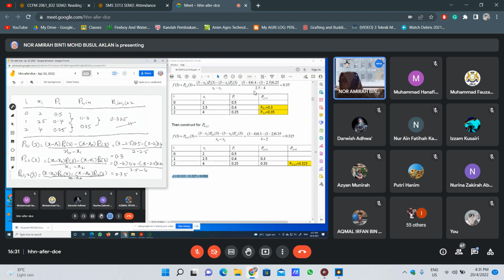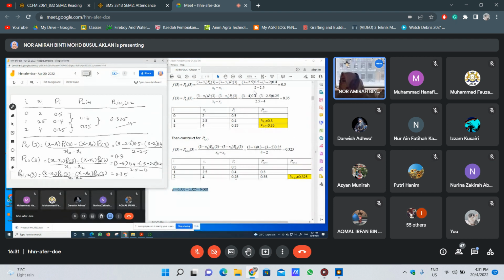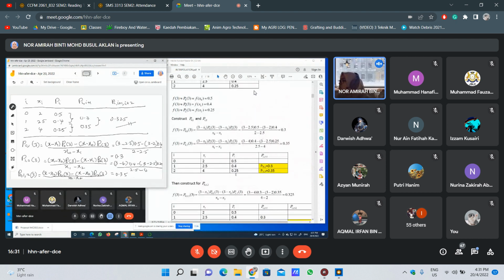Faham kelas? This is how we estimate the next value. Okay? Which is you only given the value of x naught. Okay, but at least you know you are given only the value of 3. You need to find the value of f(x) when x equals to 3.